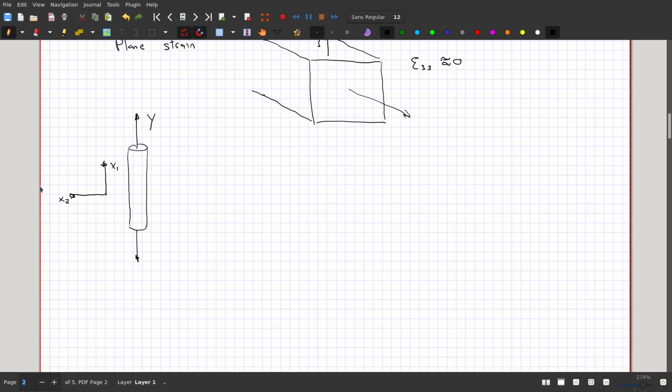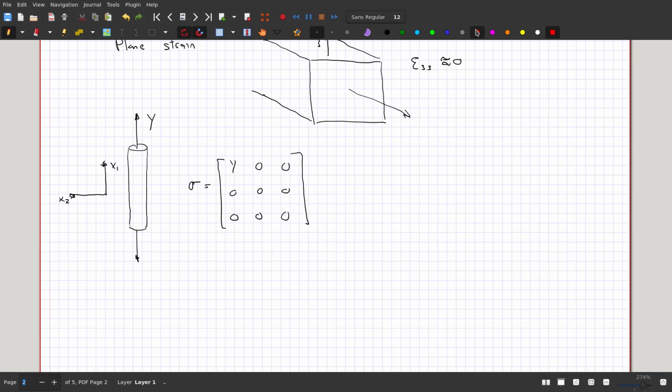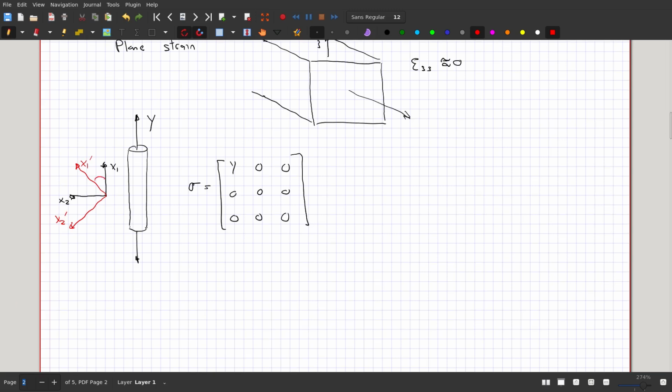Okay, so the state of stress for this problem is just one-dimensional: y, 0, 0, 0, 0, 0, 0, 0, 0. And what we want to do is see what happens if I change the coordinate system, say to x1 prime, x2 prime, over an angle theta.